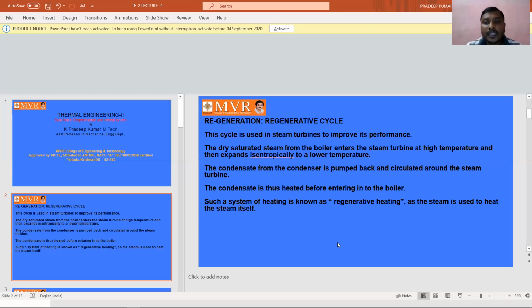Here regenerative means nothing but pumping back from the condenser to the turbine and circulating around the steam turbine, and thus the heated water before entering the boiler is regenerative heating, as the steam is used to heat the steam itself. This is nothing but a regenerative cycle.